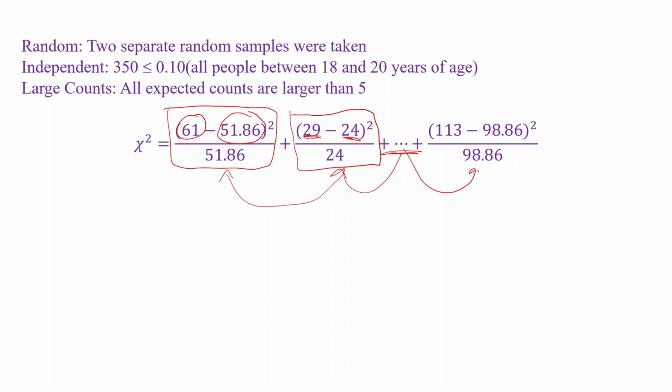to show that the pattern is going to repeat. And then if you put the last contribution here, just to show that the pattern is going to repeat in the same way that you are putting it down in your paper. So this last one was males living in the dormitory. We observed 113 males living in the dormitory, and we expected 98.86 living in the dorm.